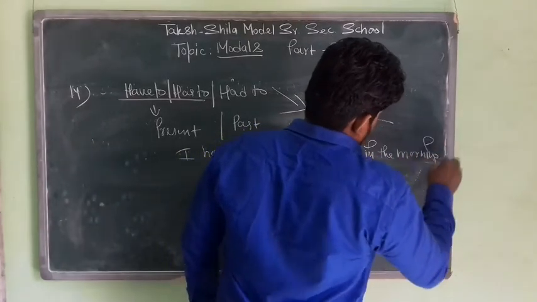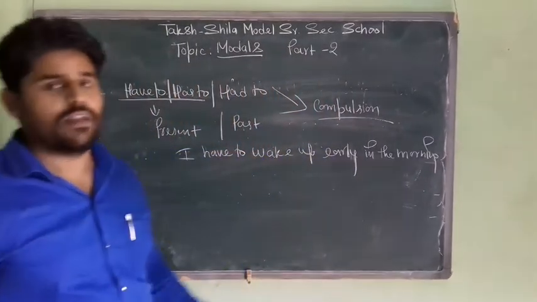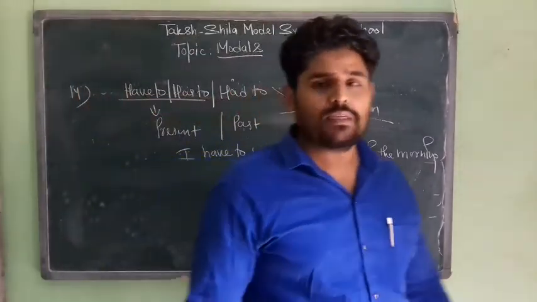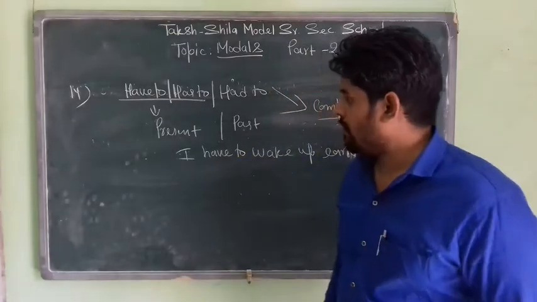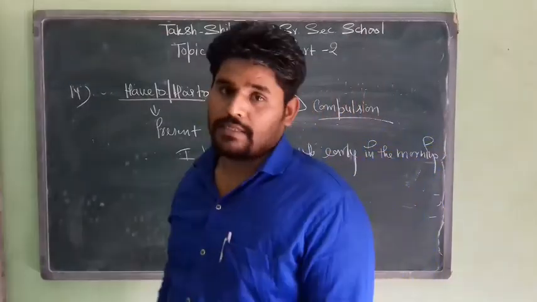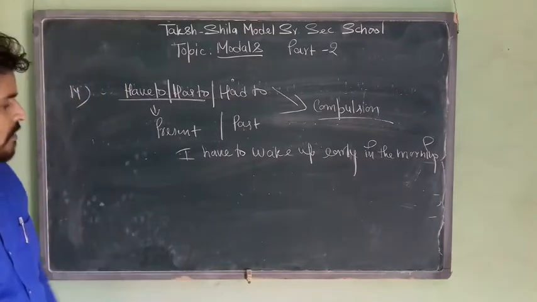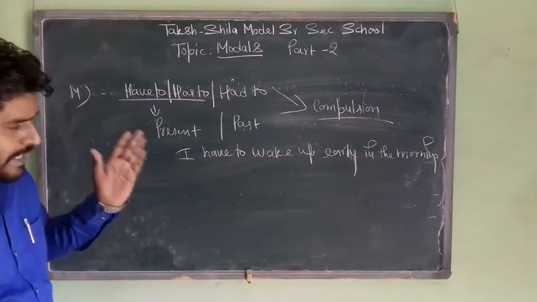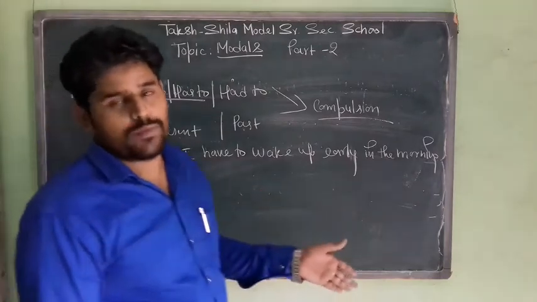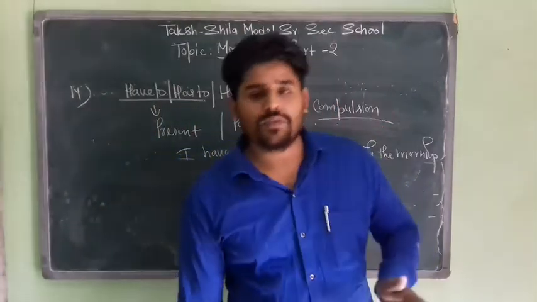Means the speaker does not like to wake up early in the morning. It is because of a compulsion, or it is his compulsion. So it is his compulsion that he has to wake up early in the morning. Means there is some external force which is compelling him to do this, but willingly he does not want to do this.